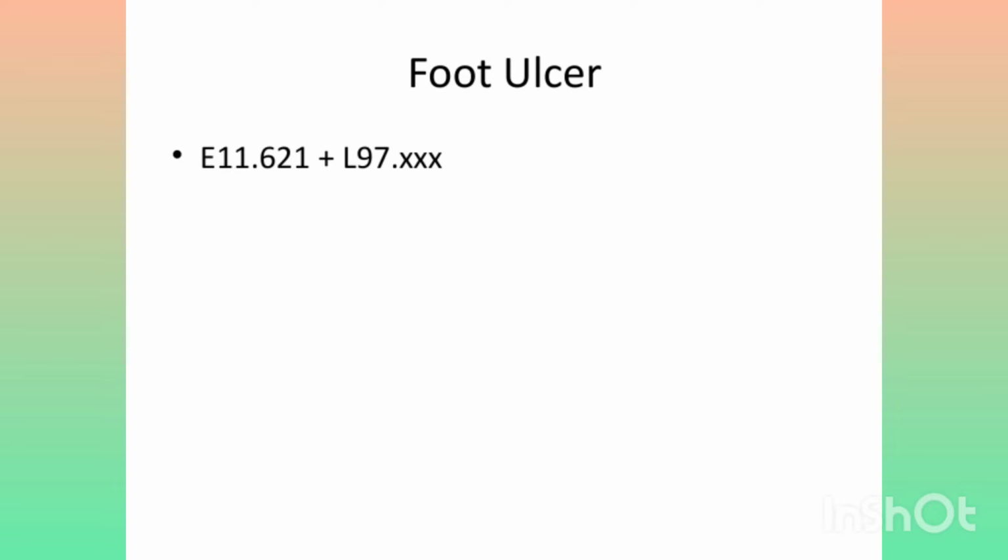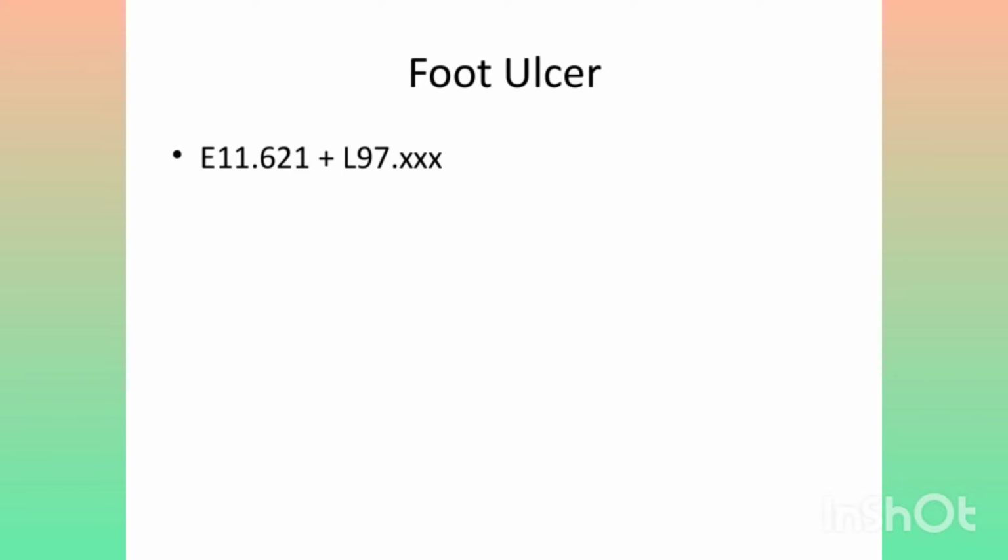All right, let's take a closer look at the slide. The coding here, E11621 plus L97.XXX, refers to specific diagnostic codes. The first part, E11621, is the ICD-10 code for type 2 diabetes mellitus with foot ulcer. This highlights how common foot ulcers are among diabetic patients. The second part, L97.XXX, covers various types of non-pressure chronic ulcers of the lower limbs, specifically focusing on the foot region.